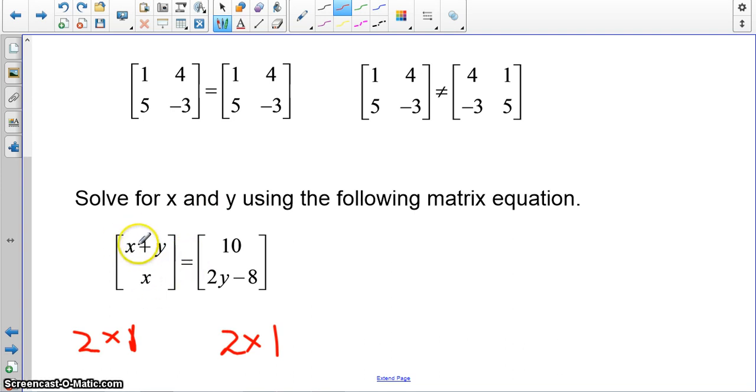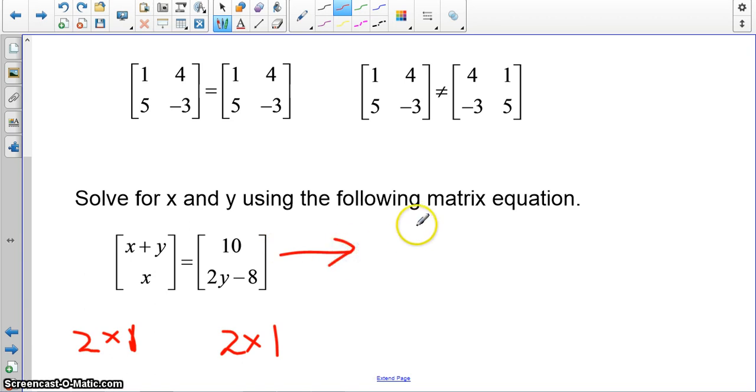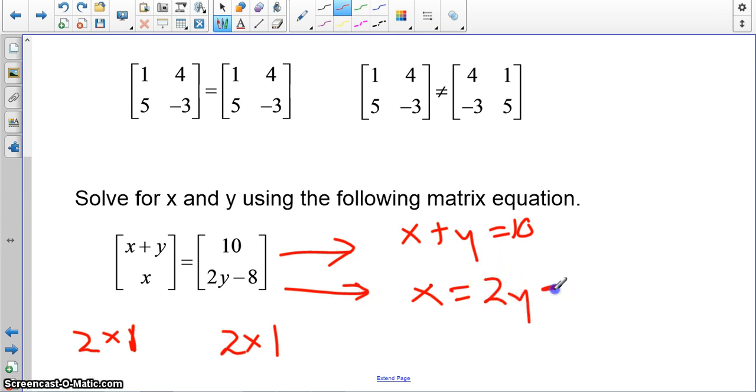One, for the top, x plus y has to equal 10, and x has to equal 2y minus 8.